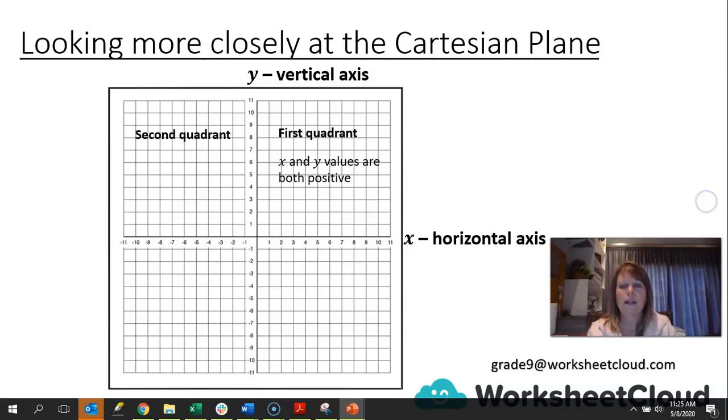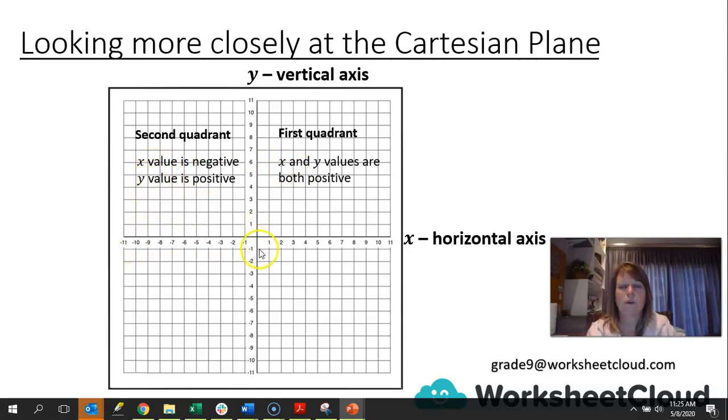Okay. In the second quadrant, we have the x value as being negative, as you can see on the axis, and the y value is positive. So in the first and second quadrant, the y values are positive, but the x value is positive in the first quadrant, and the x value is negative in the second quadrant.